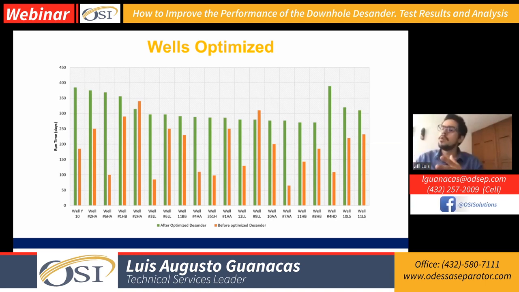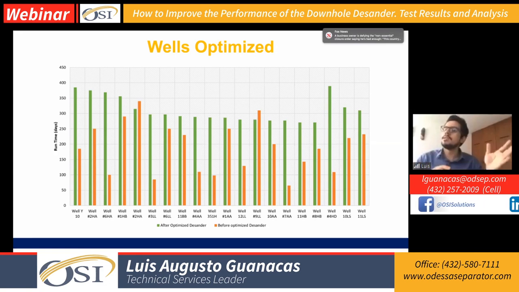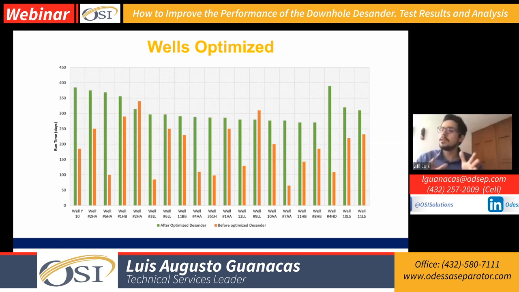In other cases they were producing low volume, so the hillets were oversized, as Gustavo explained before. When this happened, the separation efficiency dropped drastically, and the sand was going through the hillets and reaching the pump. Then they had to pull the well because they were having problems: erosion, the pump getting stuck, or abrasion on the sleeve, etc.